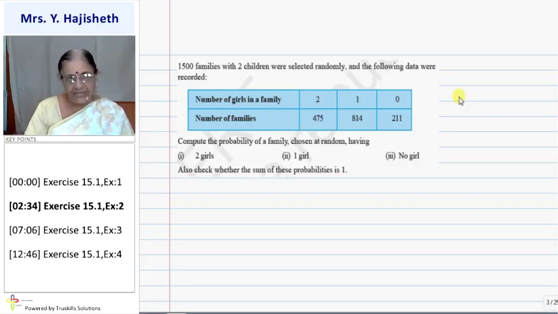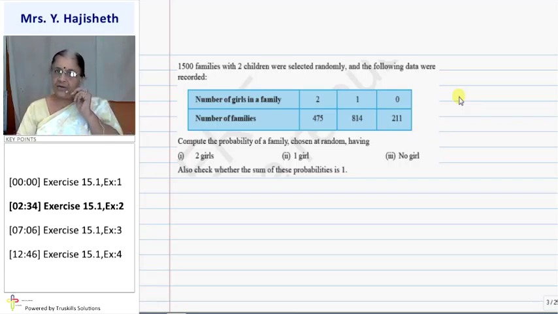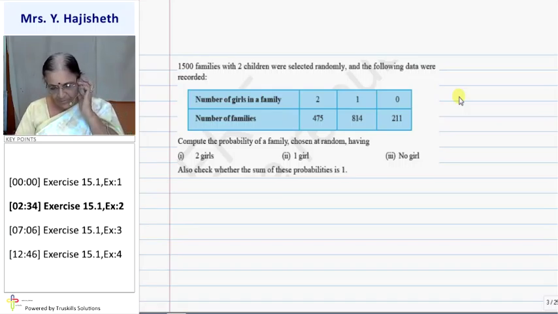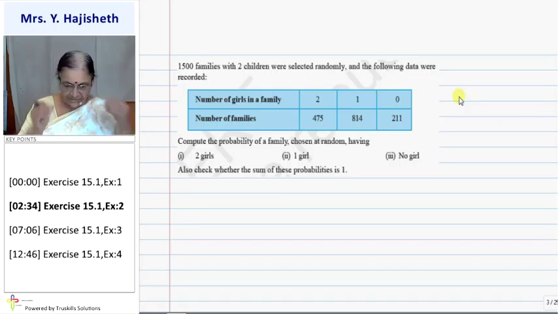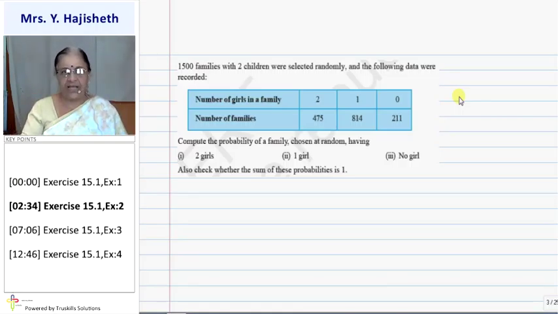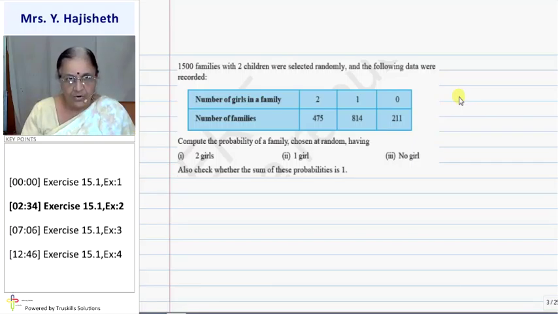And number of families are given as: 2 girls family is 475, 1 girl family is 814 and 211 families where no girls, both are boys. Compute the probability of a family selected at random having 2 girls, having 1 girl and having no girls. Also check whether the sum of these probabilities is 1 or not.